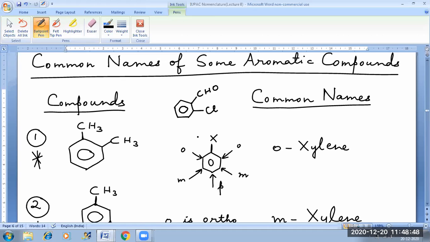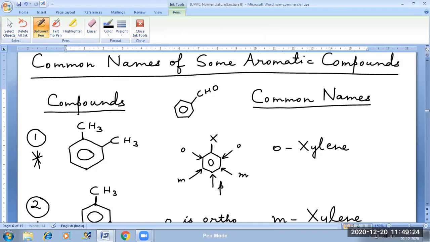Hence, I can say that both of these are attached at ortho positions. Means what? Means adjacent positions. Means consecutive positions. So I can say that the chlorine atom is attached at ortho position of benzaldehyde. Why? Because the chlorine atom is attached immediately on the next carbon atom, the carbon atom which is immediately after the carbon atom containing CHO. So these two carbon atoms are adjacent to each other.